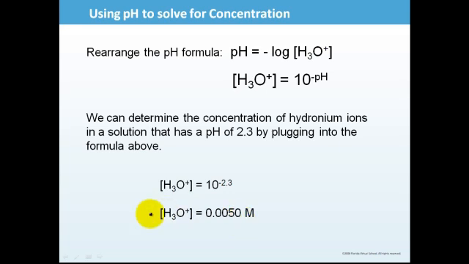In scientific notation, if we move that decimal point over, this would be 5.0 times 10 to the negative 3. Okay, so simple as that. And just plugging it in just like we did with the pH formula.